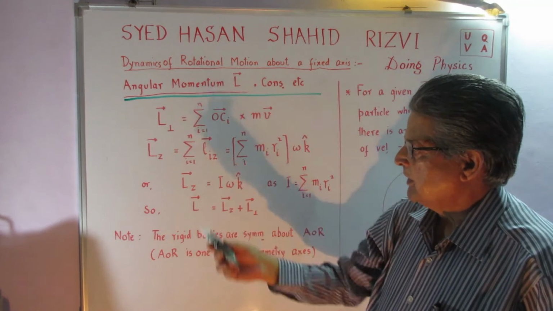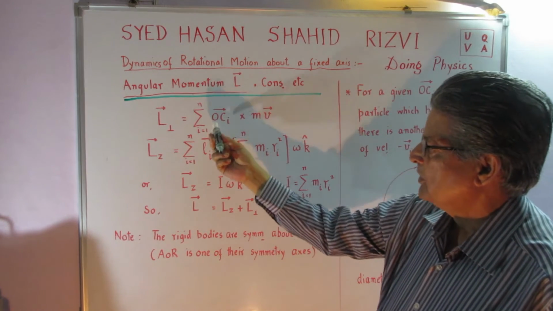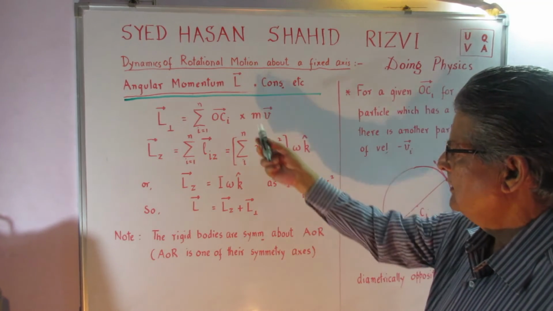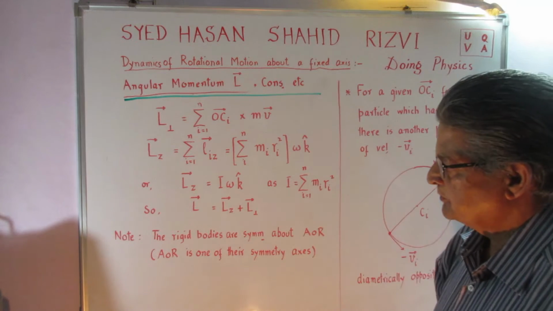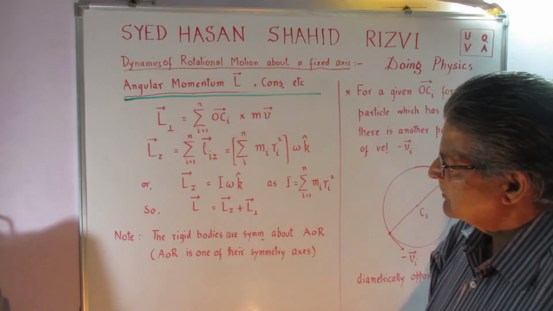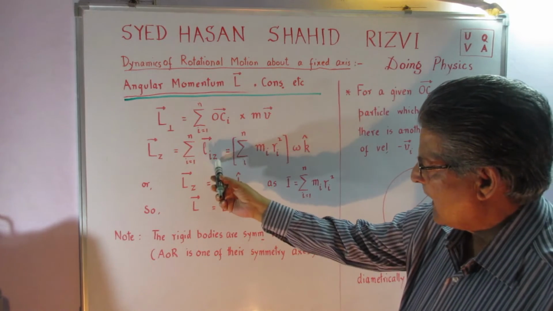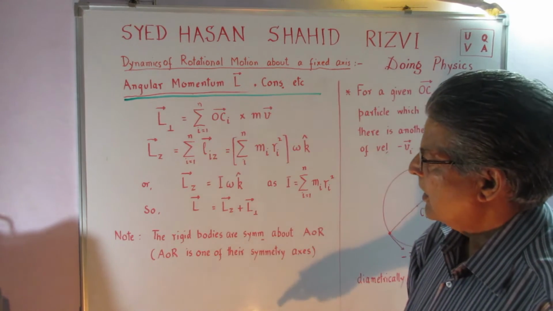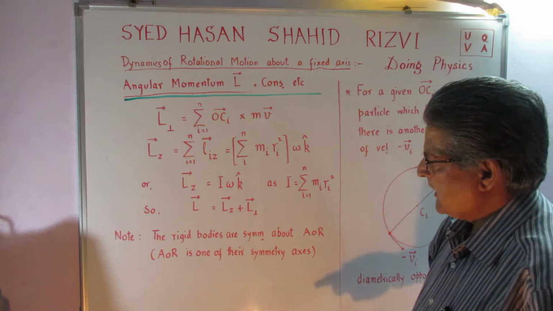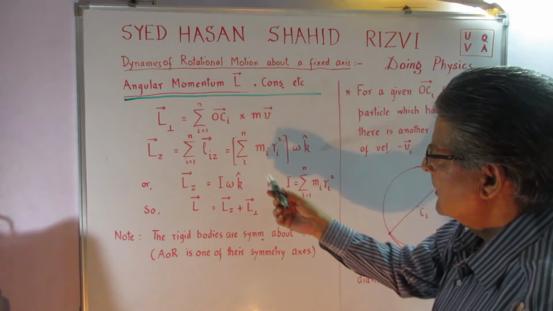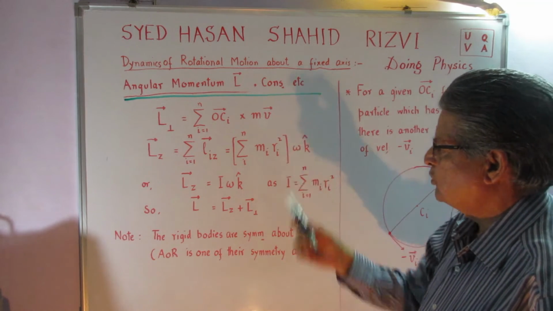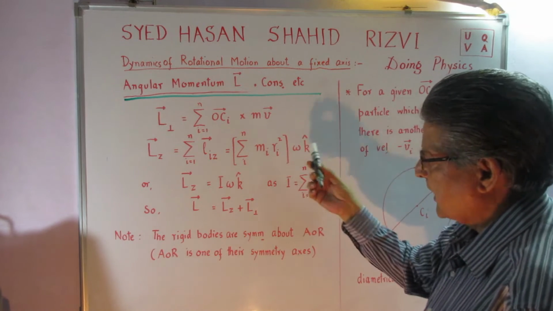So I can write it again as L perpendicular is equal to summation OCi corresponding to the ith particle cross mv. And Lz I can write as summation Liz over the entire range of particles, which I can write as summation mi Ri square into omega.